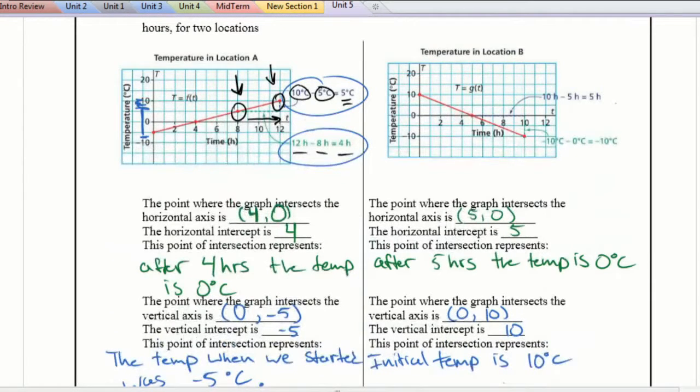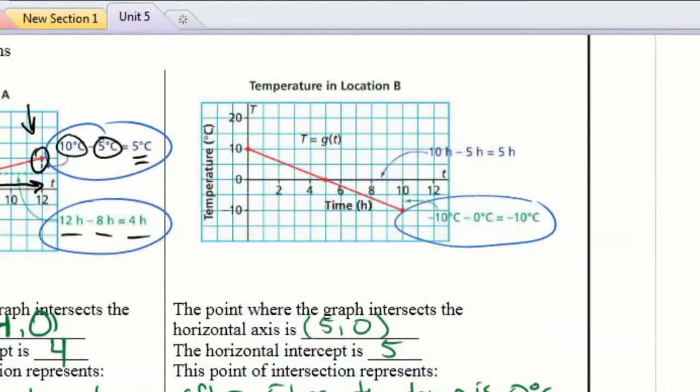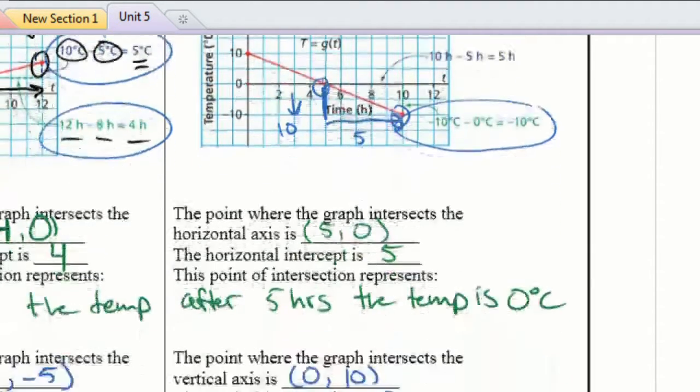So looks like a change in temperature. They've figured it out for me already, so negative 10 minus 0. It looks like they're taking the point here and the point here. So my rise is, I'm going down by 10. So going down by 10, and then my run is going across, and in this case, it took 5 hours to go down those 10 degrees.